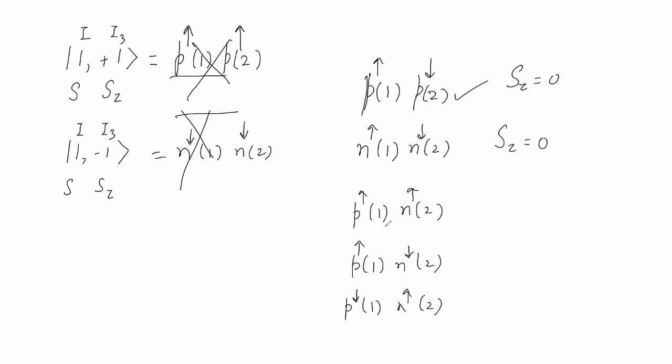While here I am changing the particle, thus I am obeying Pauli's exclusion principle, and then I am talking about proton having a spin up, neutron is spin down, proton is spin down, neutron is spin up, so that the system has Sz 0, while here the system has Sz plus 1.